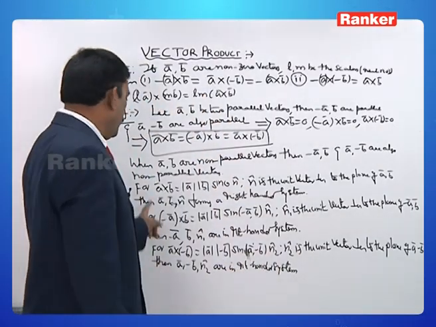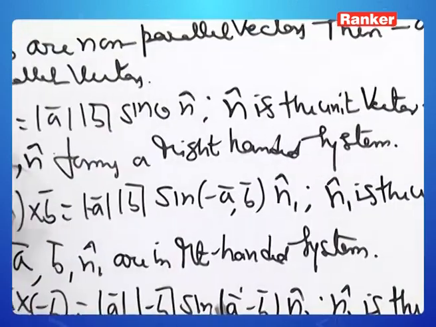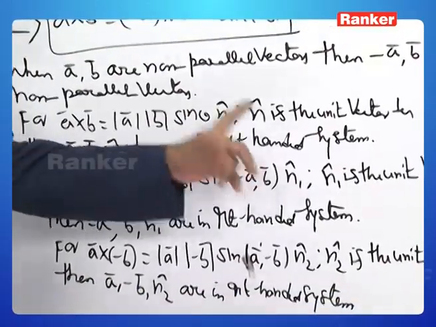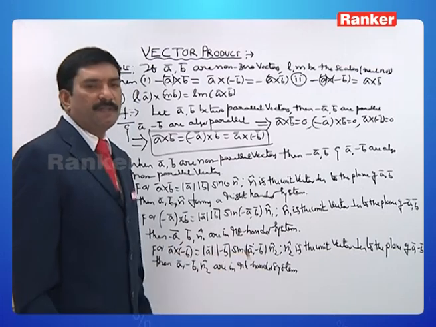Yes, for A bar cross B bar, we have shown they are in what? Right-handed system. I mean A bar, B bar, n cap forms a right-handed system. For this also right-handed system.